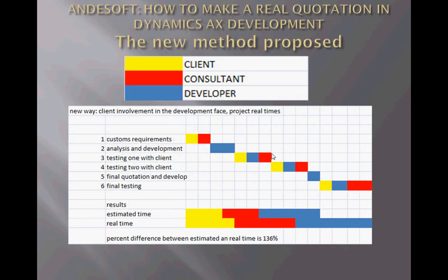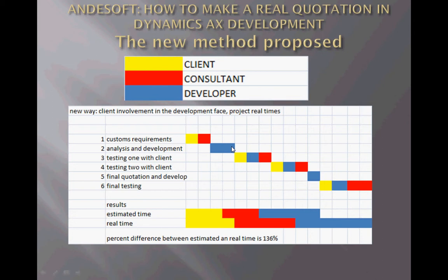Here we are showing the new method proposed. First the client gets together with the consultant, and then the developer, in number 2, makes a more analytical development. He takes more time analyzing the data to make a quotation.